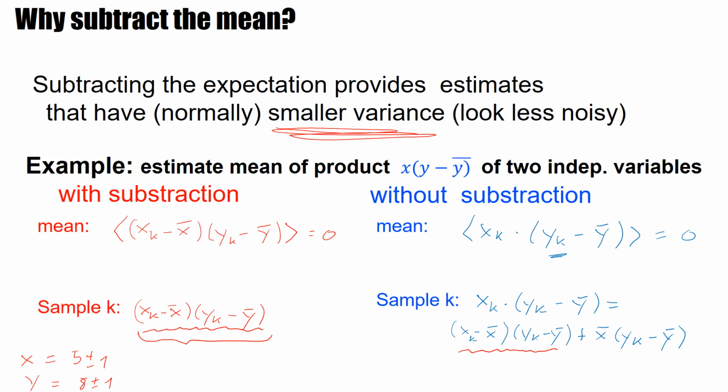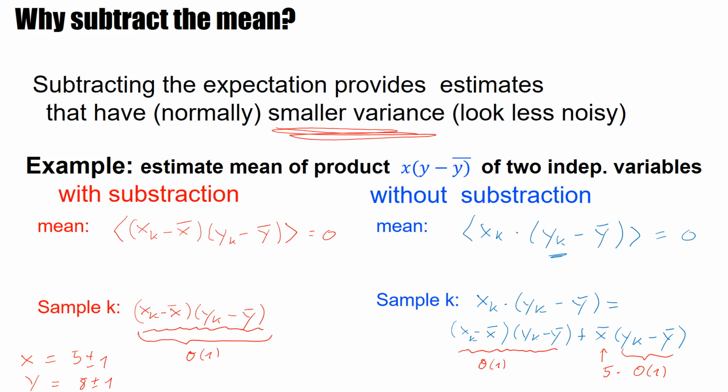So now let's turn to the right-hand side. This would also be of order 1 because it's the same term as on the left-hand side. But then I have another term, and x bar is in fact 5. And then this is again order 1. So each individual sample now has sometimes a 5 with a plus sign. Next time another sample will have a 5 with a minus sign.